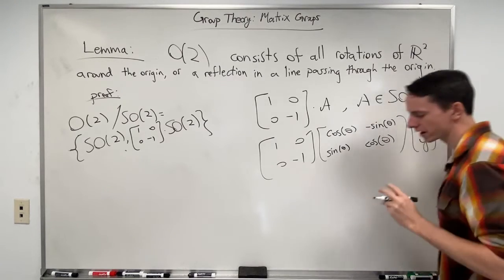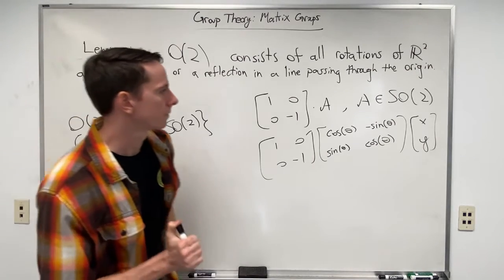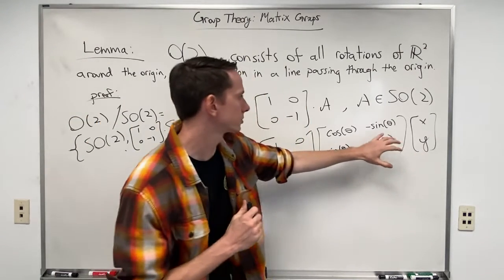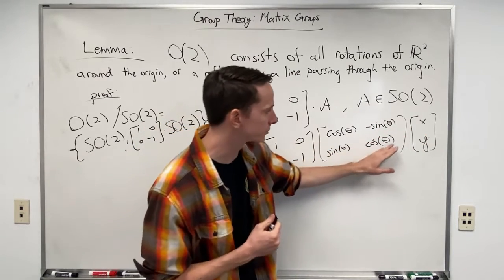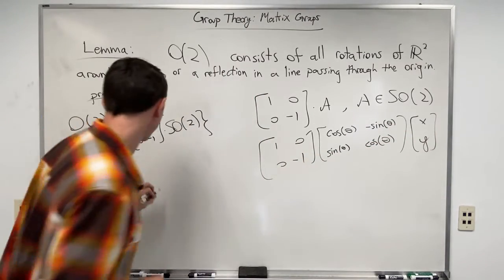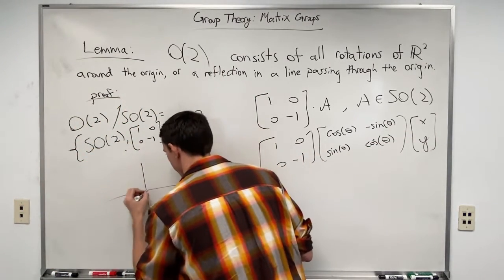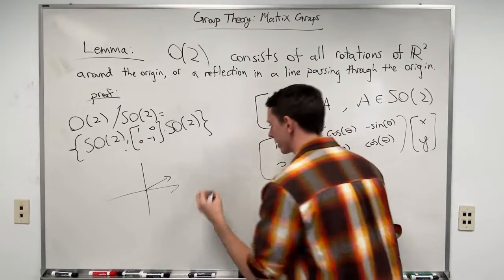When that acts on a vector, let's think about what it does to that vector. When we first apply this matrix to an input vector, that will take that vector and rotate it by some angle theta.